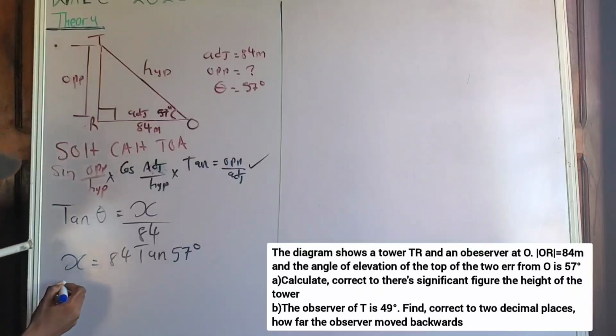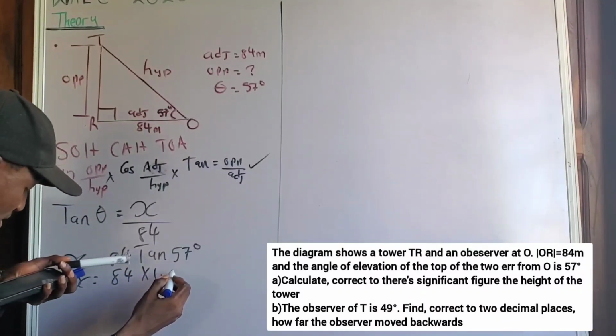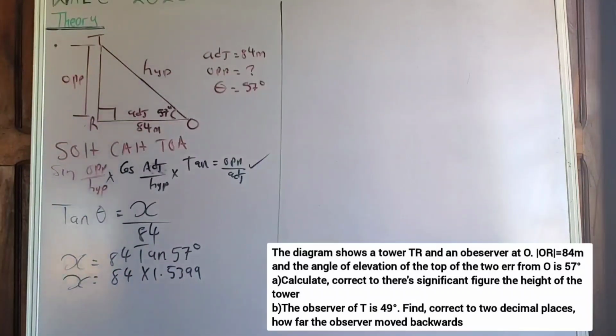1.5399. So x is equal to 84 multiplied by 1.5399, that is 129.3516.